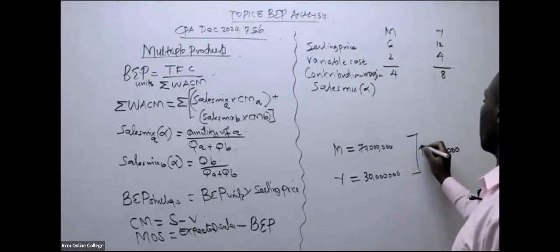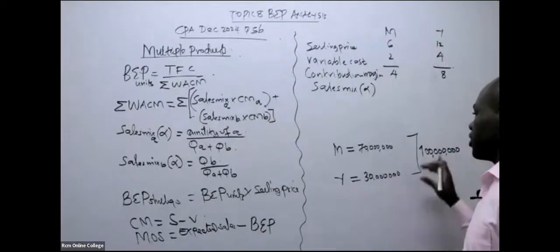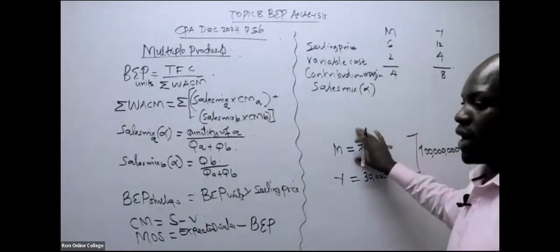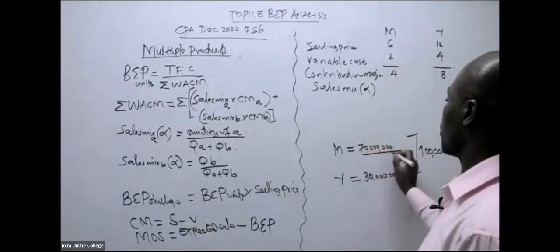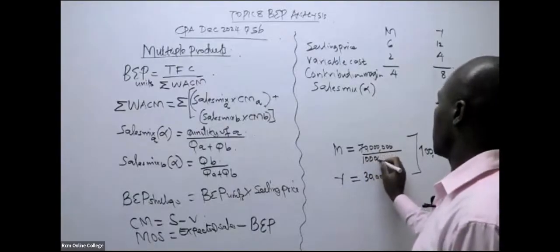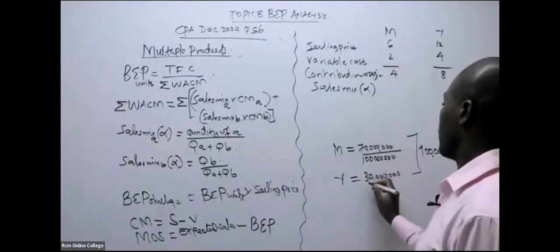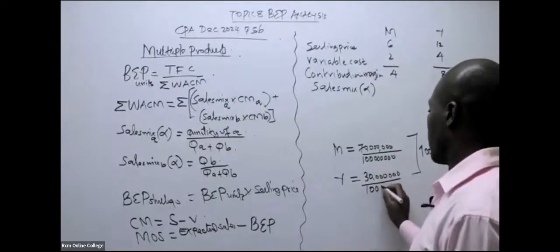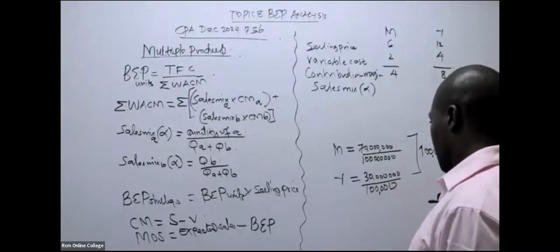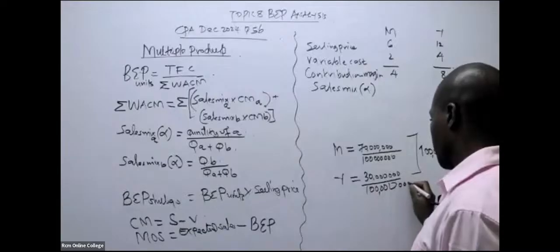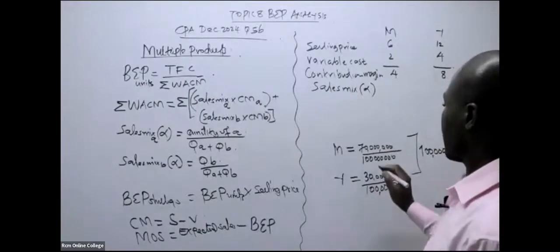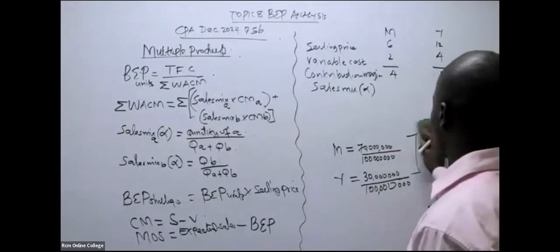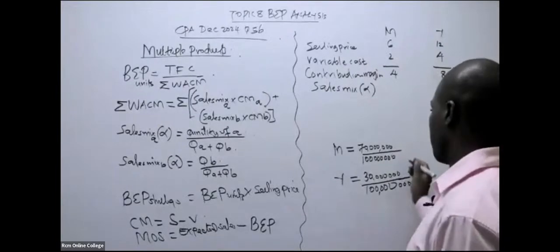So in terms of proportion, what proportion of this total is taken by product M? We divide by the total number of units, 100. So what do we have as the sales mix ratio for product M?